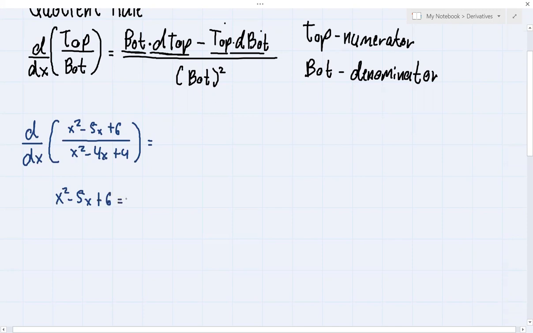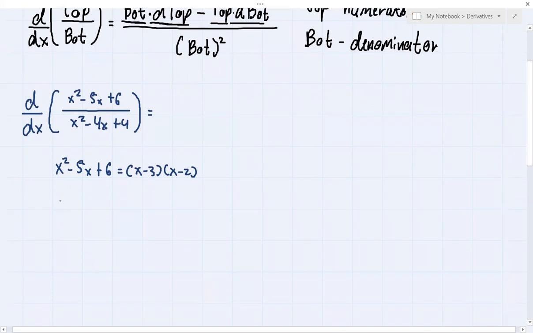Ang factored form nito ay quantity x minus 3 times quantity x minus 2. Sa baba, which is si x squared minus 4x plus 4, ang factored form nito ay quantity x minus 2 times quantity x minus 2. And since both of them are the same, so we can just add their exponents na lang at ipag-combine na lang natin yung base nila.